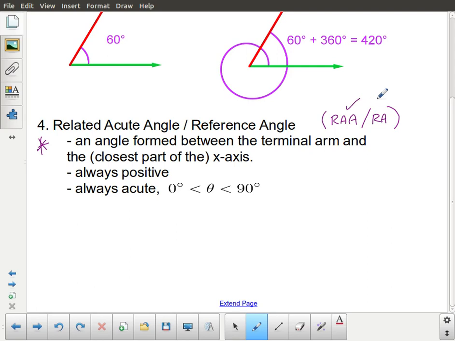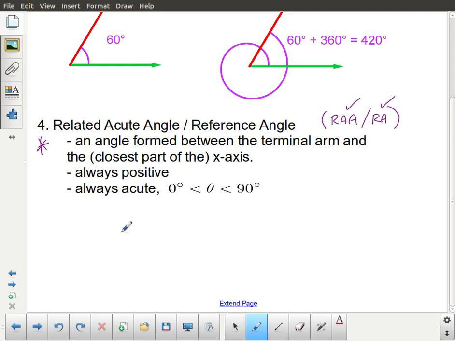Both of them are correct. It's not that one is more correct than the other. It's just terminology. The related acute angle or the reference angle is the angle formed between the terminal arm and the x-axis, and in particular, it's the closest part of the x-axis.